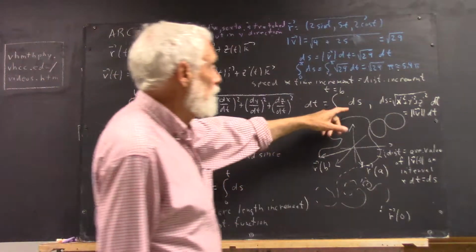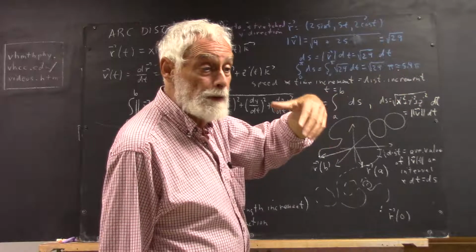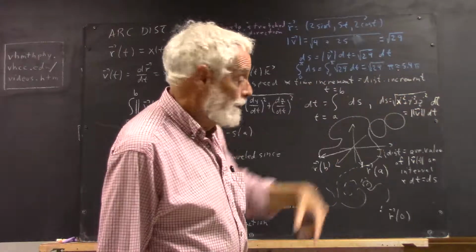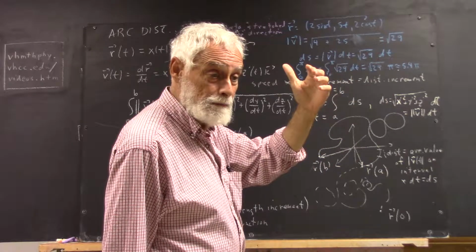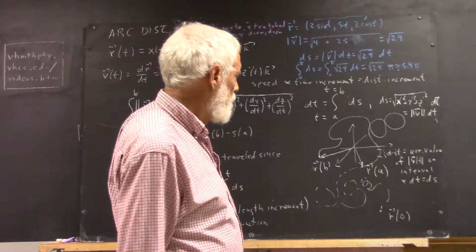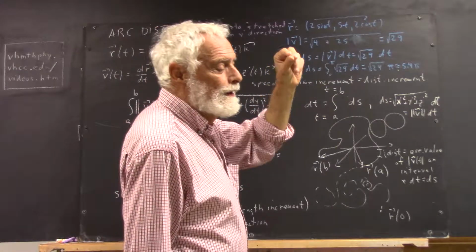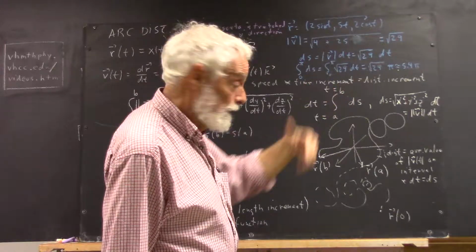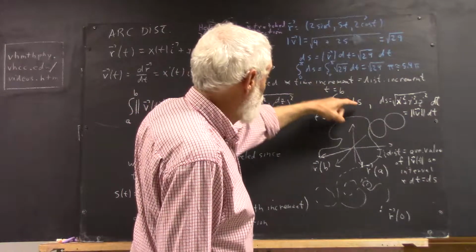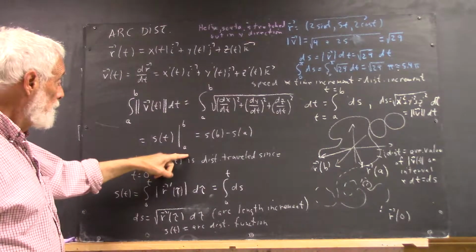Well, the antiderivative of dx of t with respect to t is just x of t, and so forth. So the integral of this is just s of t evaluated between a and b.